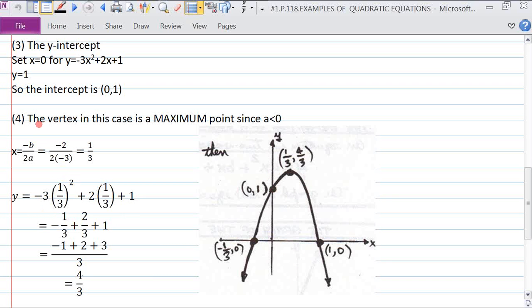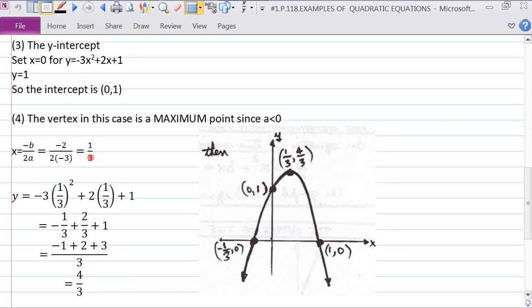So the last point that we want to do is the vertex, and as I said, the vertex is a maximum. You look at the y values. This goes up and reaches a maximum value before it goes down. That's always the case when the coefficient of x squared is negative, and here it's minus 3. So we saw that the x value was a third.